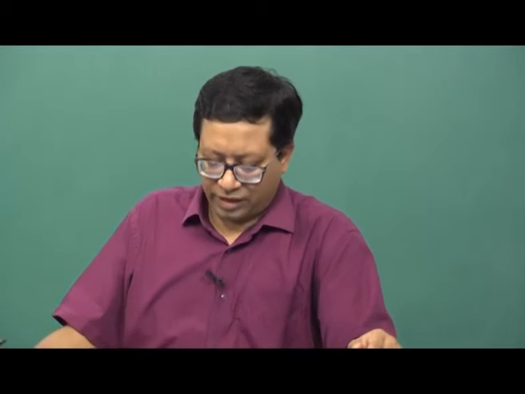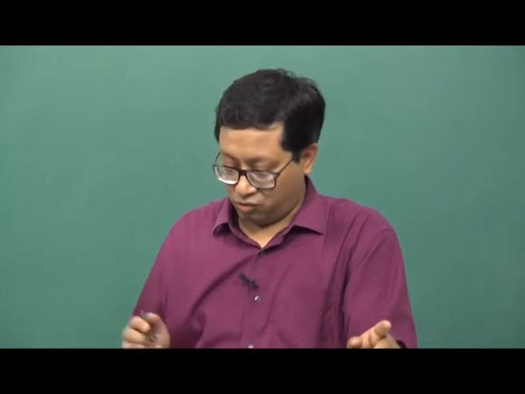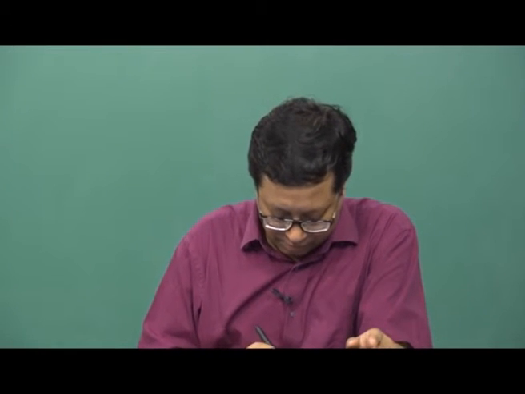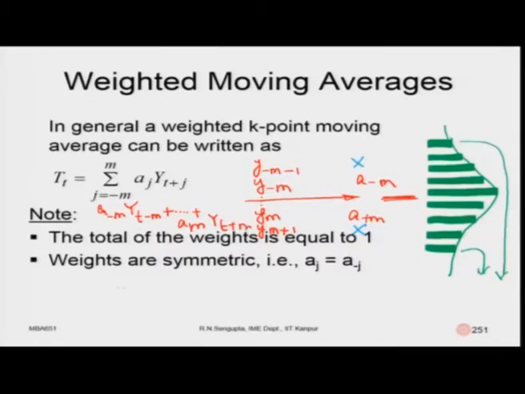Note the total weights. Okay, another thing, the total weights technically should all be 1. So, if I am basically adding up, I will use a different color. a minus m plus a minus m plus 1 plus dot dot dot, in the bracket a m minus 1 plus a m, this sum value should be 1.